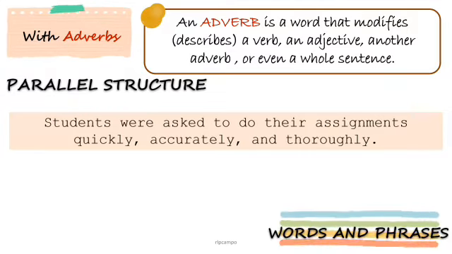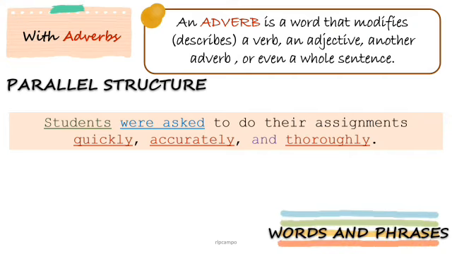Let's analyze. In this sentence, students is the noun, which serves as the subject, and were asked is the verb. This sentence is parallel because quickly, accurately, and thoroughly are all adverbs being connected by and.